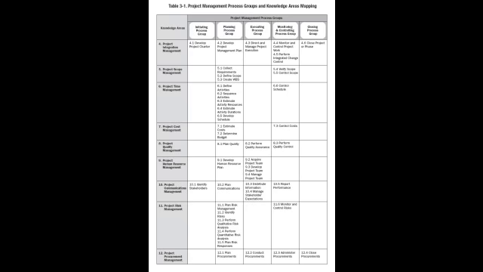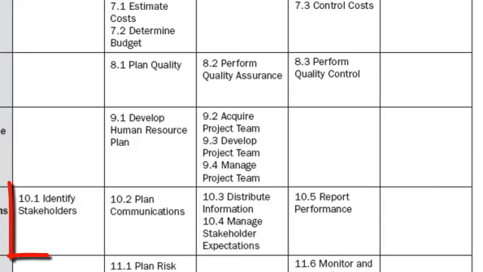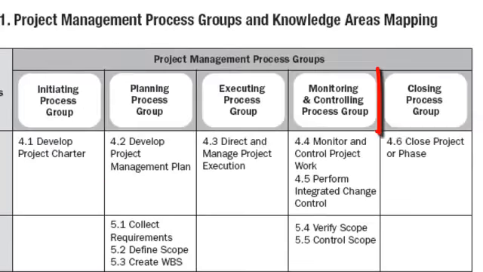One thing that this table does not tell you is in what sequence the processes would take place. For example, looking at the initiating process group, we would typically develop project charter first, then move on to identify stakeholders. However, when we look at the closing process group, a phase or project cannot come to a close until the close procurement process takes place before.